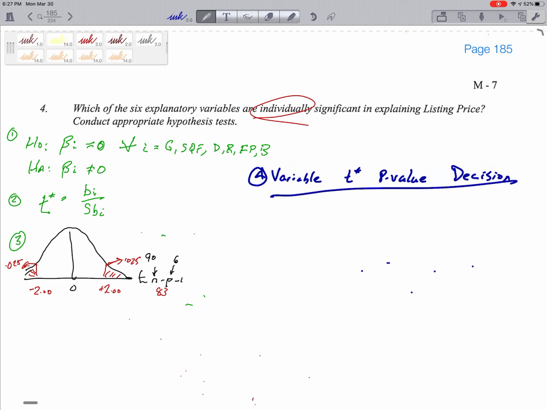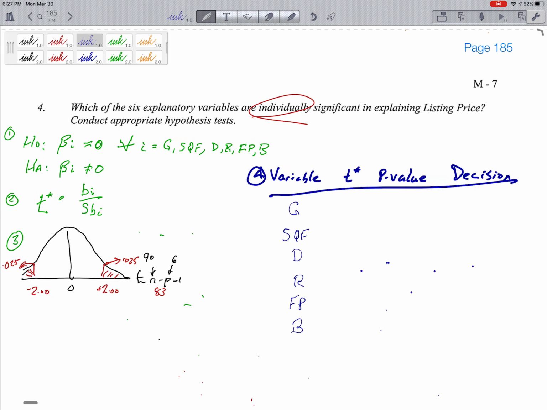So let's take a look at each of those. So the variables then that we have are garages. So we're not doing a test here of the intercept. We're just going to do it for the individual variables. Garages, square footage, days, rooms, fireplaces, and baths.